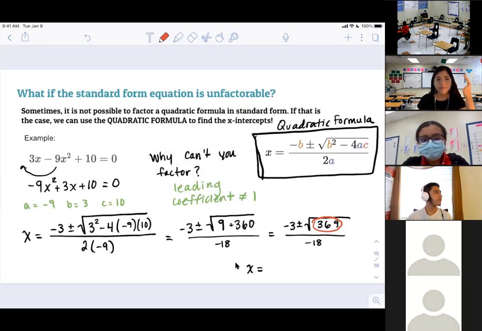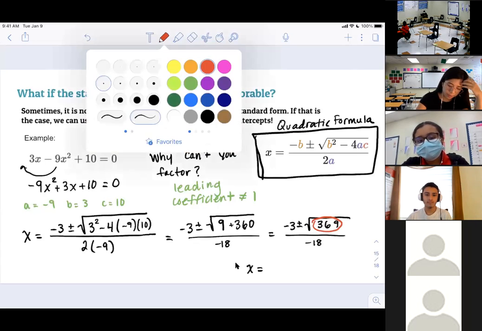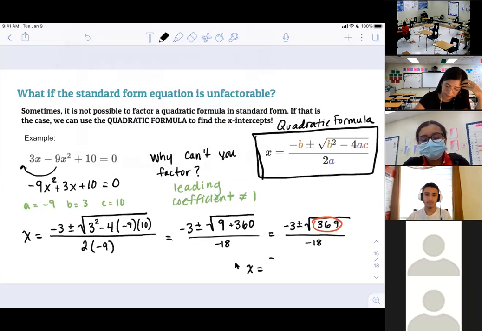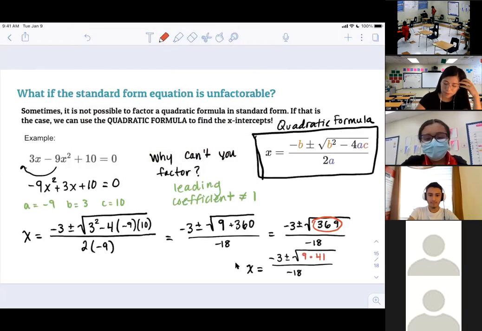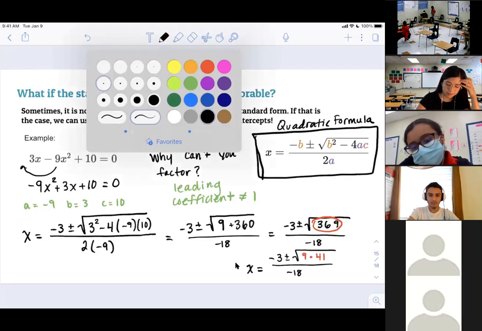I like 9. Let's stick with 9. So what is 369 divided by 9? 41. So, quick mental math, 369 is the same as 9 times 41, right? Okay. We can take the square root of 9.